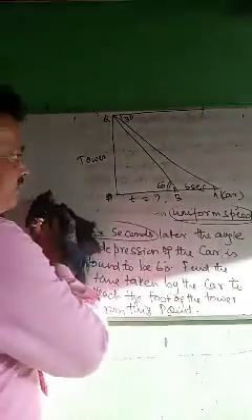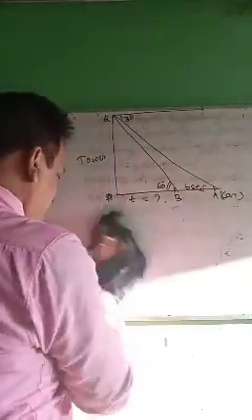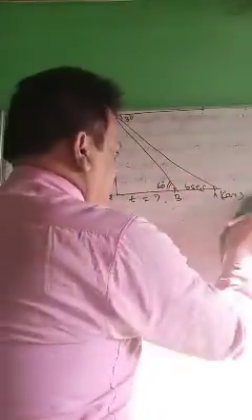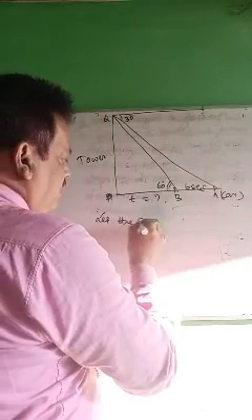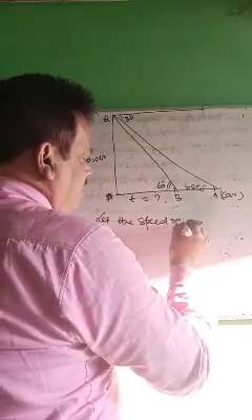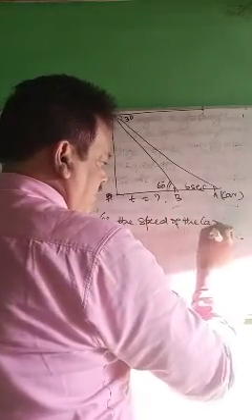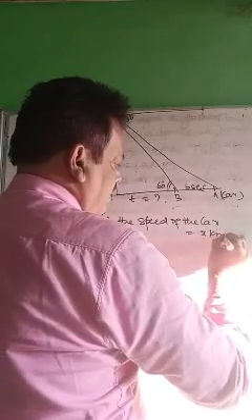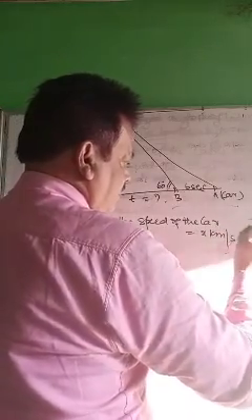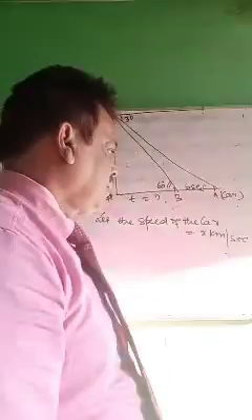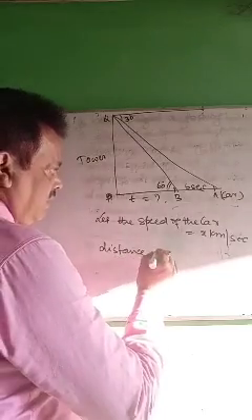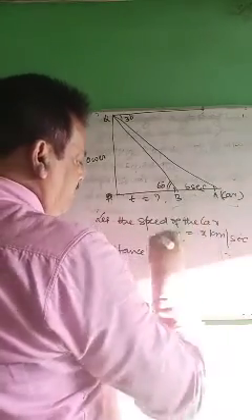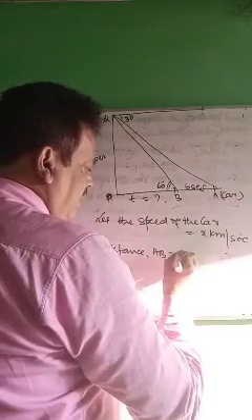So what you can do, first you take let the speed of the car equals to x kilometer per second. Distance, which one first? AB. Speed into time.